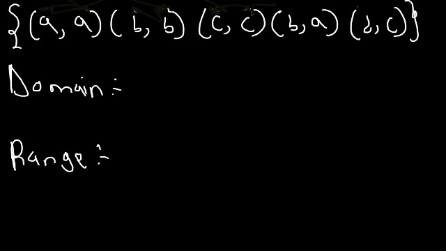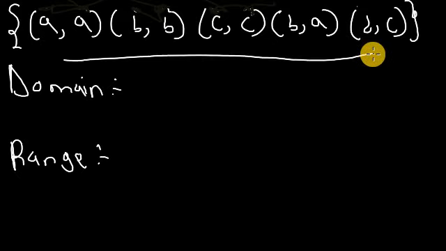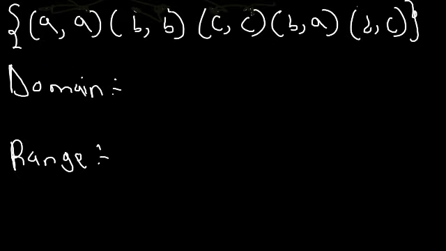We have two different ways of representing a relation. The first way is by using set notation, which is what you are seeing right here. The second way, which is often used, is known as the arrow diagram. We are going to consider that as well. So, how can we find the domain of this kind of problem? You need to keep in mind that this is an input, let's say x1.